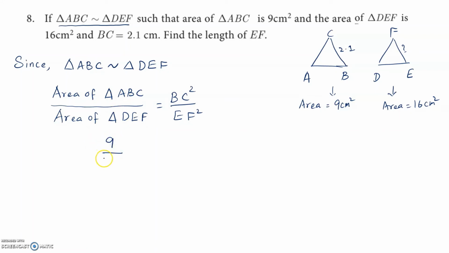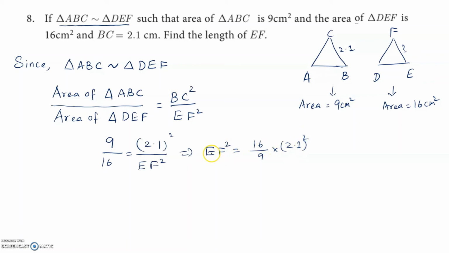9 over 16 is equal to 2.1 squared divided by EF squared. So we need to find EF. EF squared will be equal to 16 by 9 times 2.1 squared.